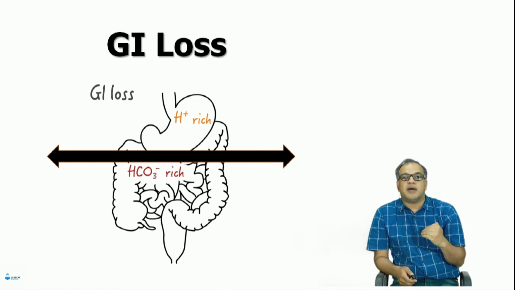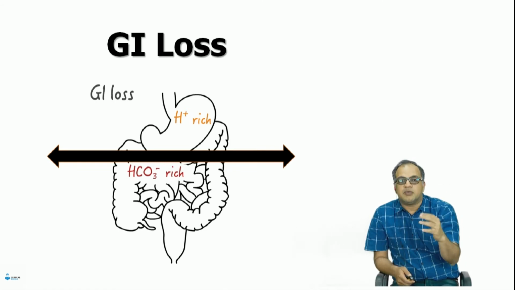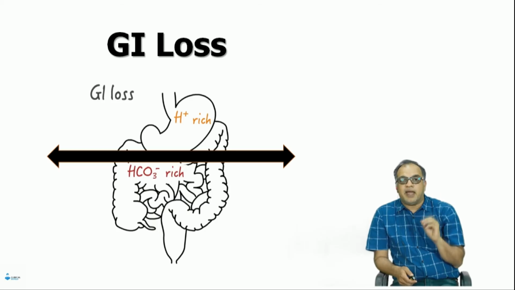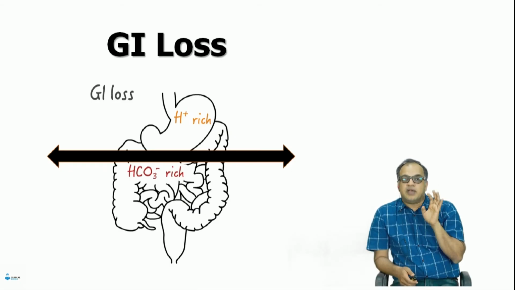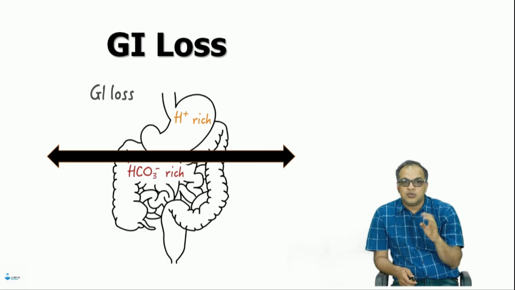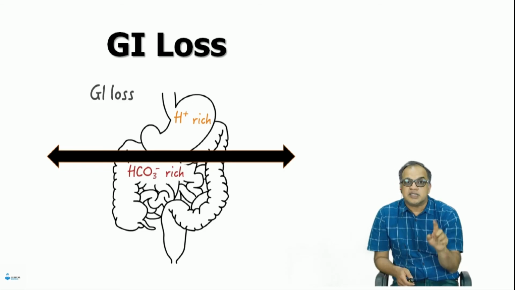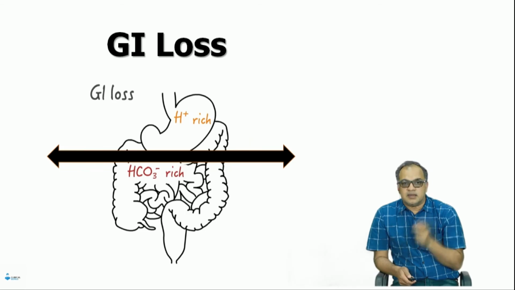The things below, from the stomach down, are bicarbonate rich and alkalemic. The pancreas puts lots of alkaline material in the gut to save it from the acidic gastric juice. So if your patient is losing bicarbonate from the lower gut, he will have metabolic acidosis, that too of a non-anion gap type.